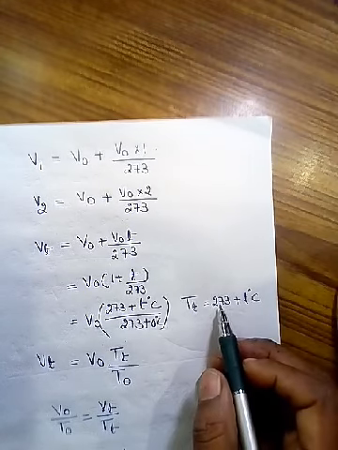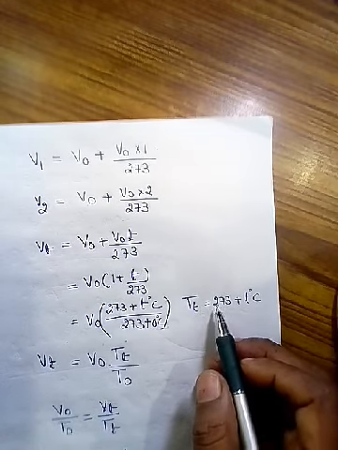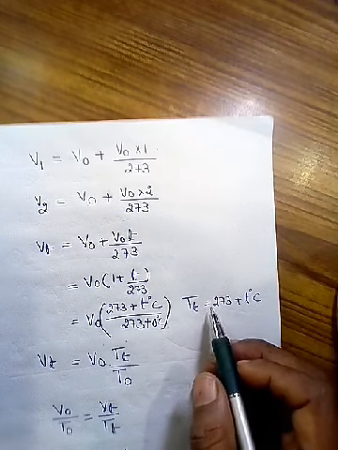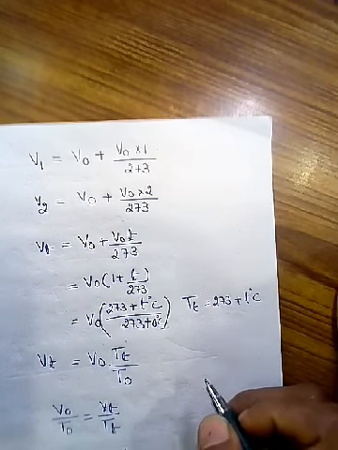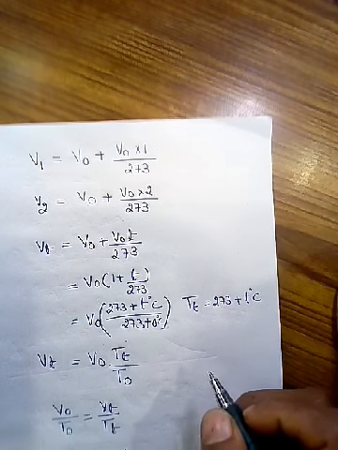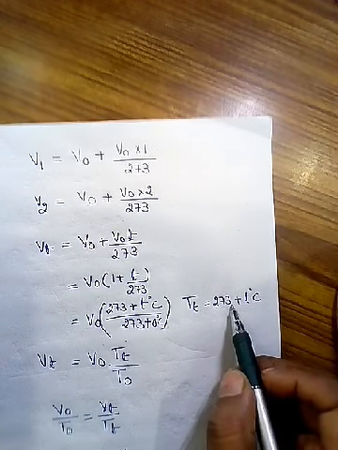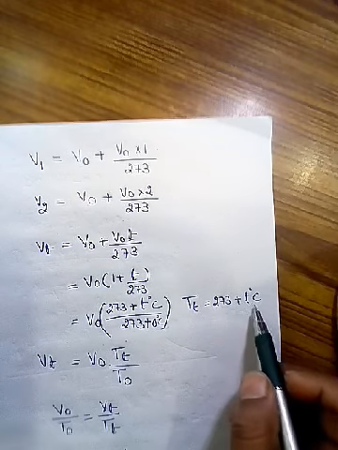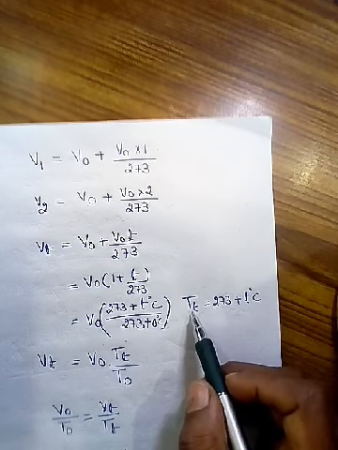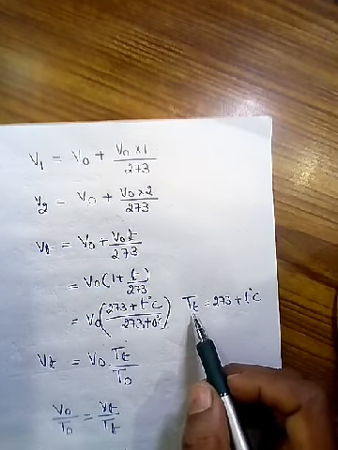Here we introduce another scale of temperature, that is the Kelvin scale of temperature, or absolute scale of temperature, where we add 273 to the temperature in degree centigrade to get the temperature in Kelvin scale of temperature.